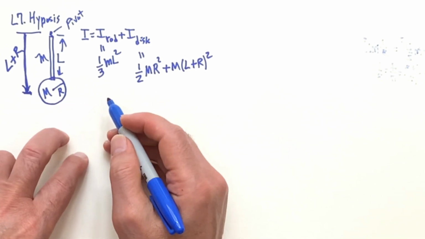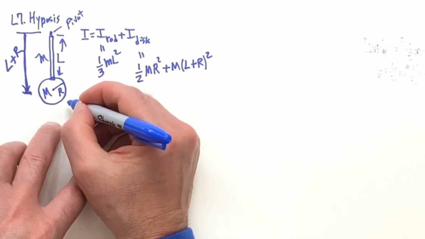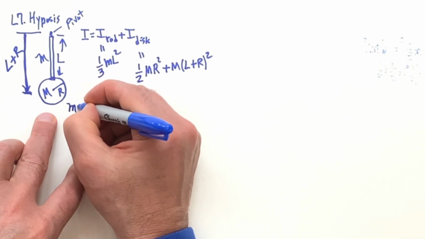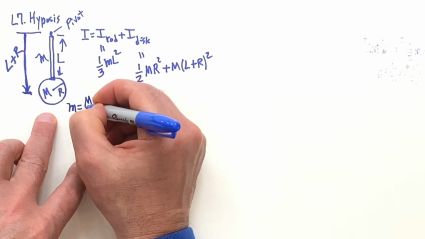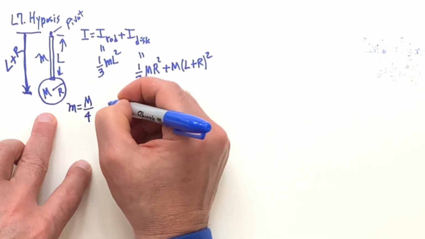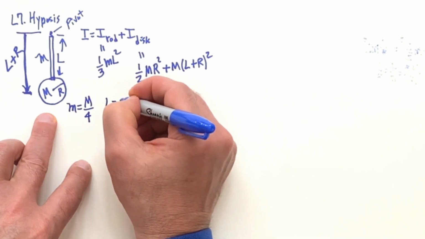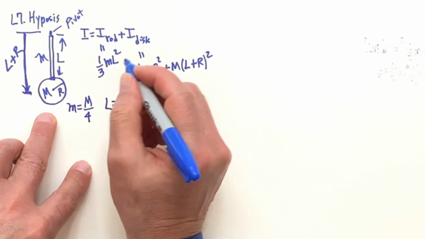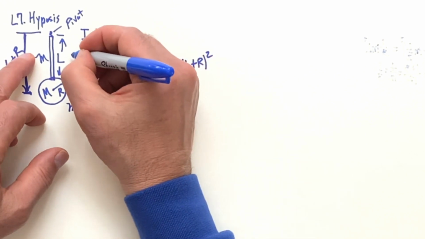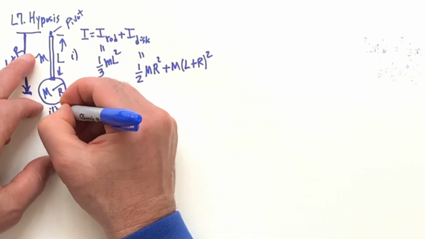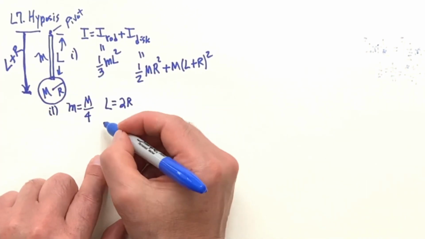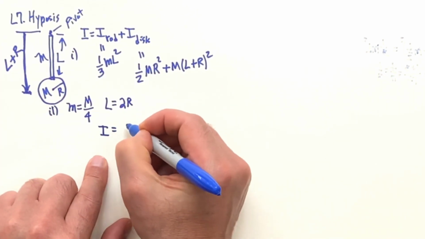And now the second part of the problem, we're given some parameters. Say little m is big M over 4, and L is 2R. So this is like part 1, and this is now part 2.